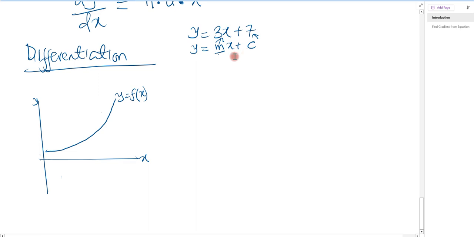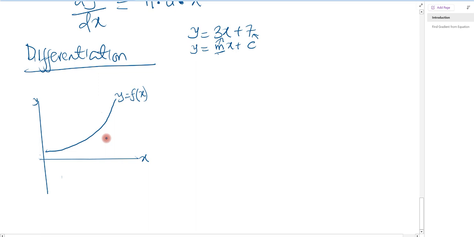So in the case of a linear equation, it's easy. You can easily point out the gradient of the line. Now, a curve is different. You can't talk about the gradient of a curve because it doesn't have the same gradient everywhere.